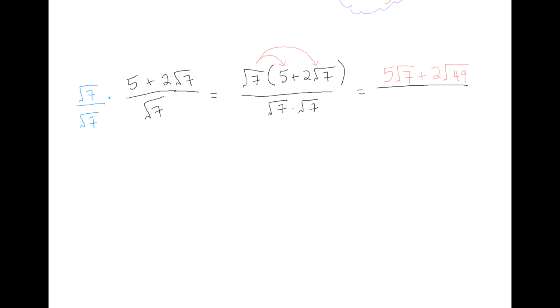What do I have on the bottom? Square root of 49, I meant, which is 7 times 7. So the 7 comes out and he's just by himself.